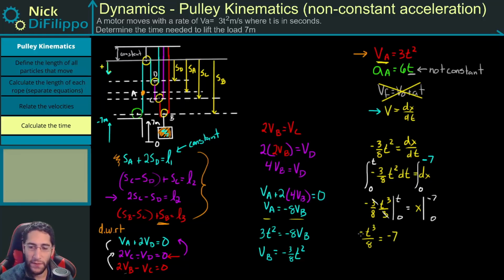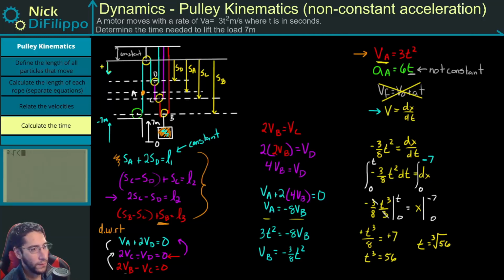We need to solve for t cubed. So these minus signs will cancel out with each other. We'll have t cubed is equal to 56. And then our time will be equal to the cube root of 56. So let's do that.